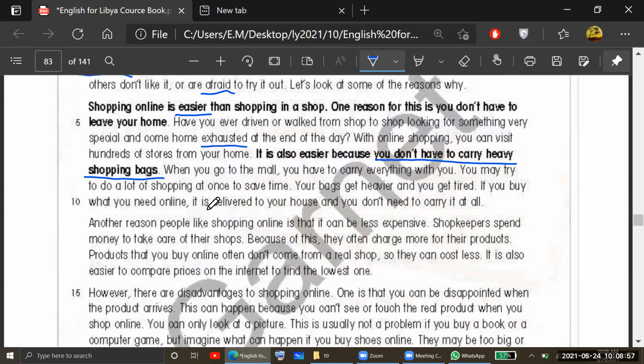If you buy what you need online, it is delivered, يسلم, to your house, and you don't need to carry it at all. So those are some of the advantages. Like what? Easier than shopping in a shop. You don't have to walk all the shops. You don't have to go to faraway places. All you have to do is look up your computer or your mobile phone.